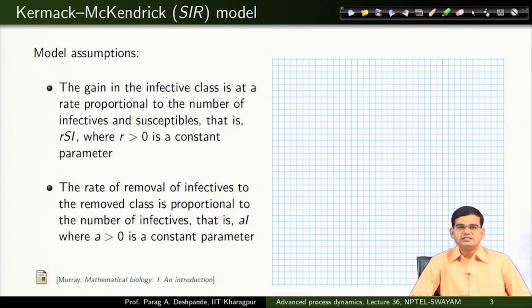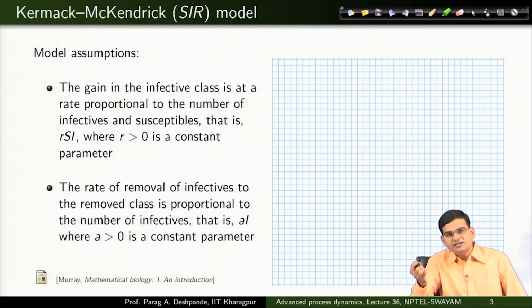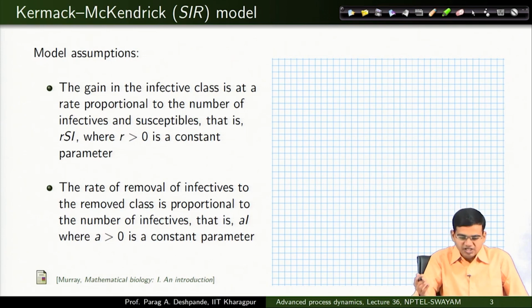Let us see if it makes sense. If there are more susceptibles, there is a higher probability that you would get infected, or the entry to the infective class would be higher. Therefore, the gain in the infective class is at a rate proportional to the number of susceptibles.